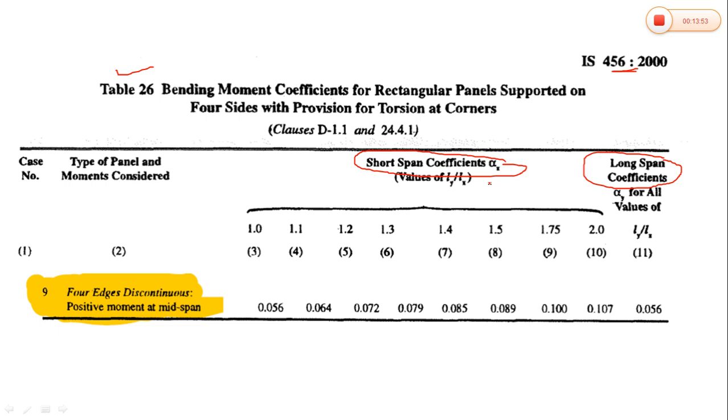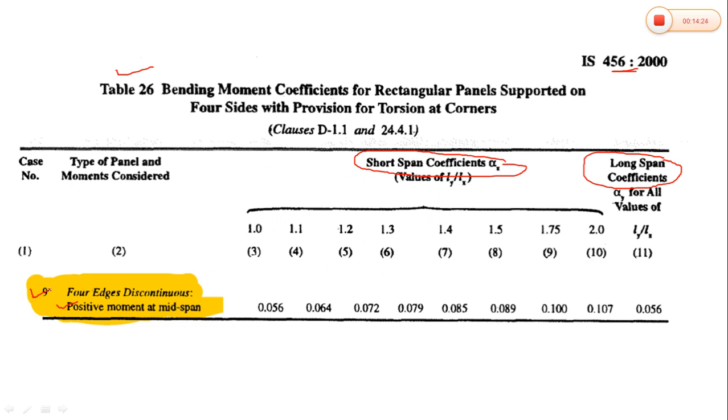So the alpha x and alpha y values depend upon the support condition. Here I have taken one simple example. Suppose I take the intermediate span of a continuous slab, then it becomes a case of 4 edges discontinuous, and the positive moment will take place at the middle. To get that magnitude of positive moment, we are going to use this table.